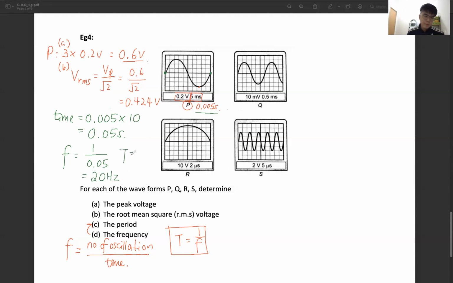Period is 1 divided by frequency, so 1 divided by 20 equals 0.05 second. So this is your period. Okay, A, B, C, D. Find all of it.